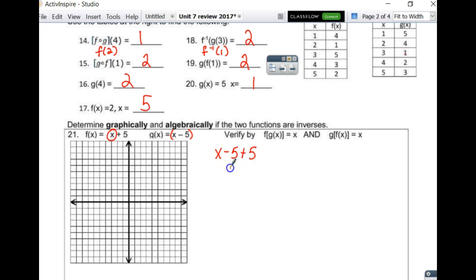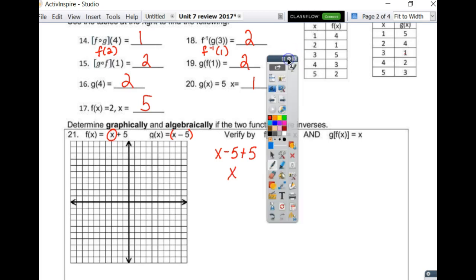And what does that equal? X. Now we're going to do it the other way. I'm going to put parentheses here and substitute it in here. So I get x plus 5 minus 5, and that equals x. If they're both x's, they're inverses.